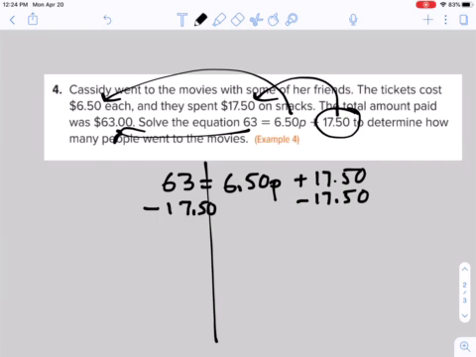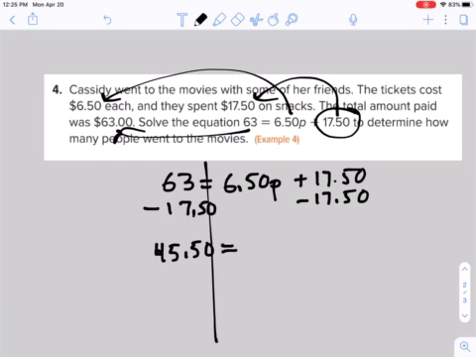Okay? So if I subtract 17.50 from $63, and I put that in a calculator, I'm going to get, I believe, $45.50. I'm doing that in my head. But, yeah, that's right. 50 cents plus 50 cents would give me $1. 17 plus 45 is 62. You have $1 over here, so that bumps it up to 63. We're good.